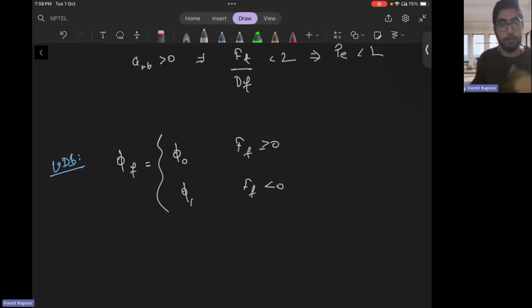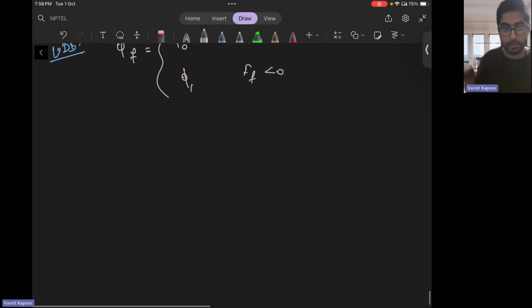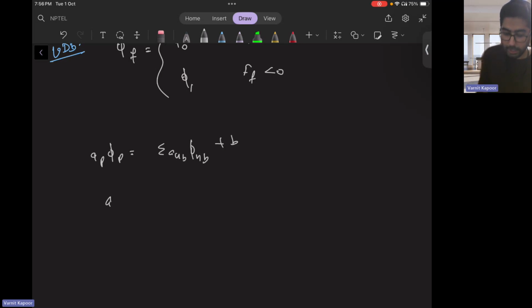Okay, put in the discretized equation and assemble the equations to get an algorithm. So the discrete equation will be aP phi P equal to summation of aNB phi NB plus b. Again, use a max function. So here aNB is D f, the diffusion term, plus maximum of minus F of f comma 0.